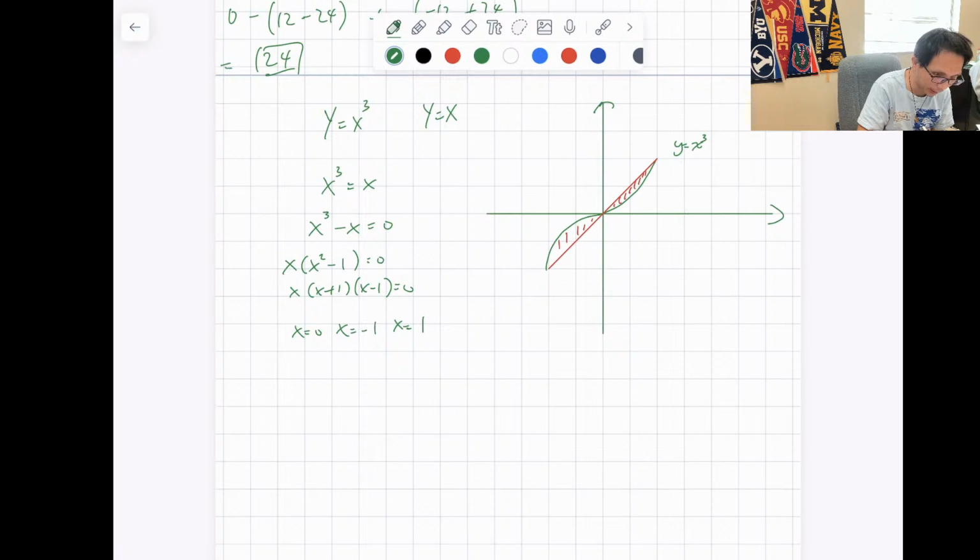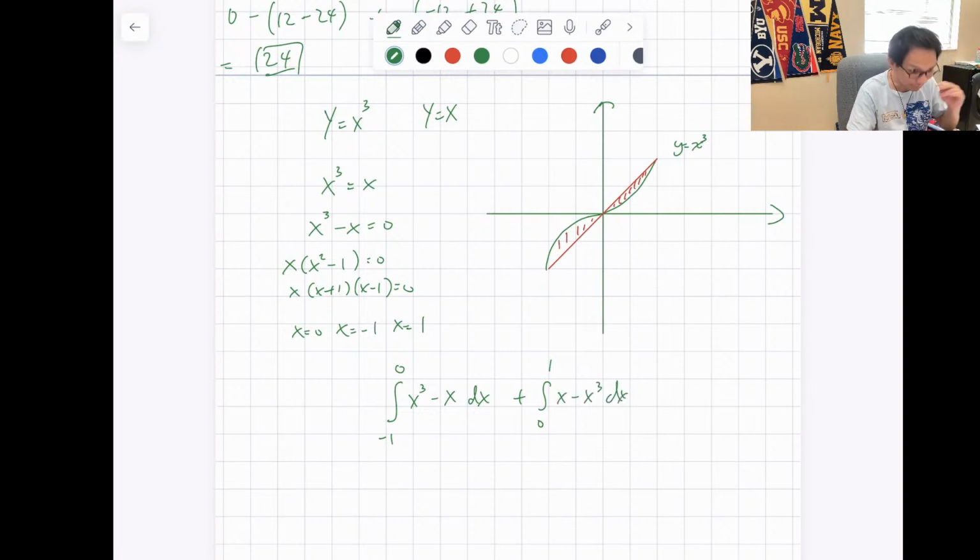So technically, I'm going to do the -1 to 0. What's on the top, on the left-hand side? Oh, on the left-hand side, the x cubed minus x, right? Plus 0 to 1 of x minus x cubed.